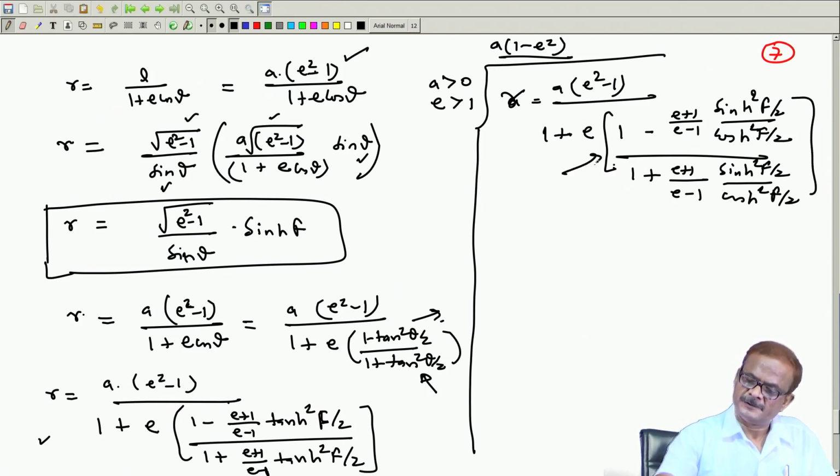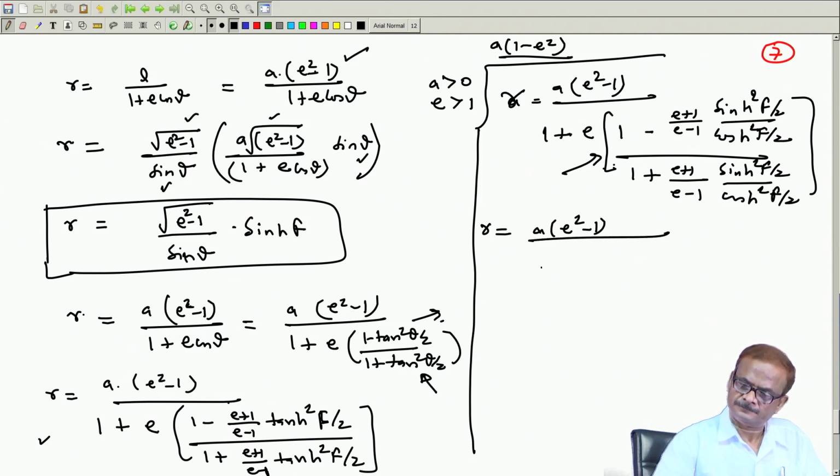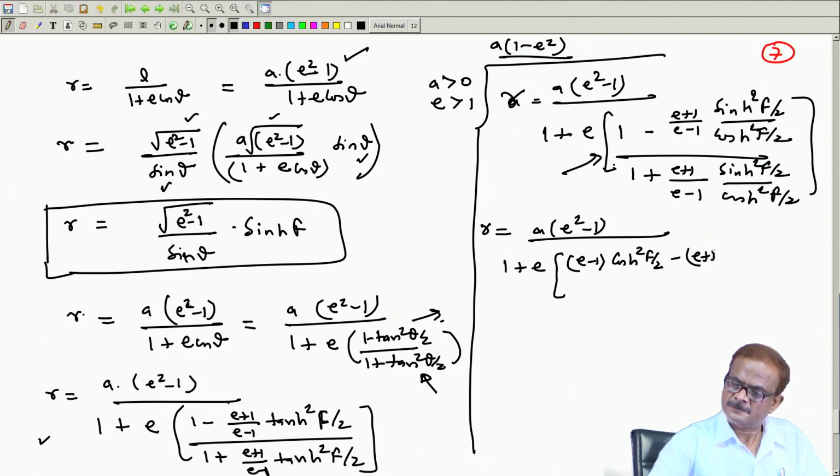This part needs to be rearranged, and if we rearrange it, this can be simplified. First simplify this part, cos hyperbolic square f by 2 minus e plus 1 sin hyperbolic square f by 2.